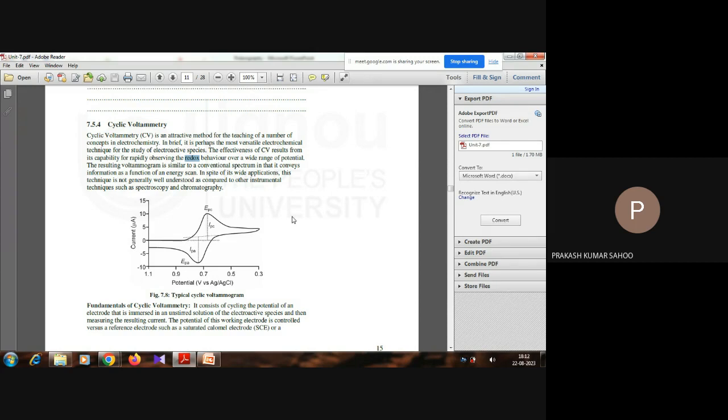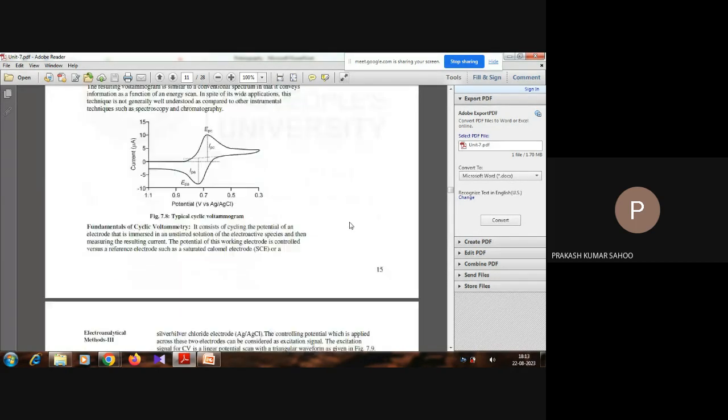And the voltammogram is similar to a conventional spectrum in that it conveys information as a function of energy scan. In spite of the wide application, this technique is not generally well understood as compared to other instrumental techniques such as spectroscopy and chromatography. So here we will determine or observe the redox behavior as a function of potential.